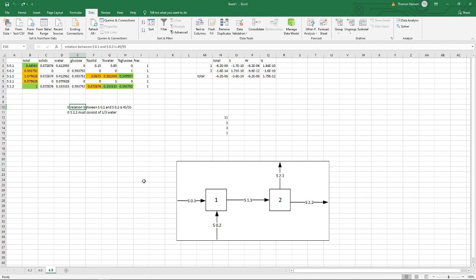So I tend to do it like this, where I say that we have an information given that the relation of 0,1 and 0,2 is 45/55. Sometimes I would even add after that to say this means M, what is that?